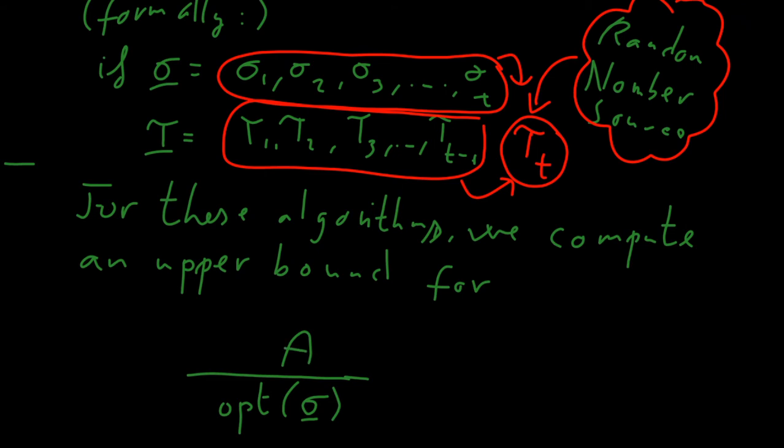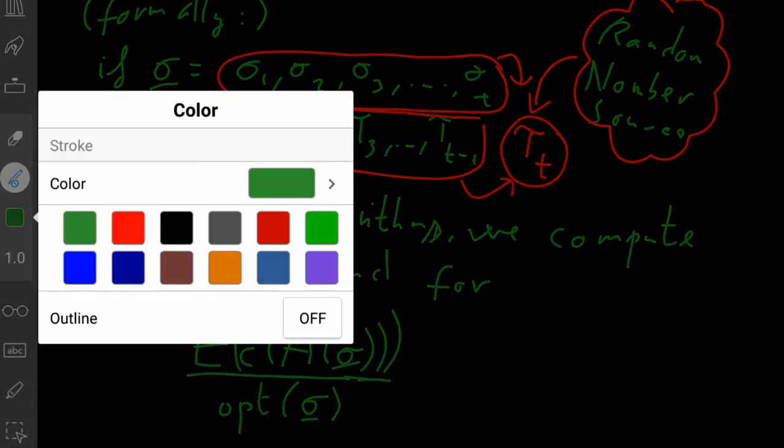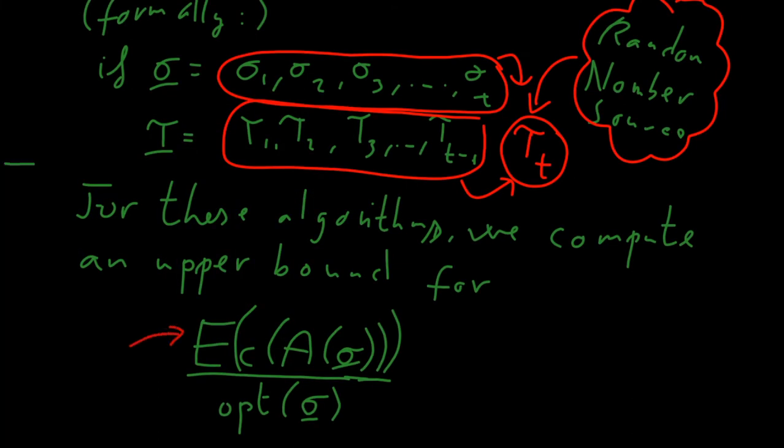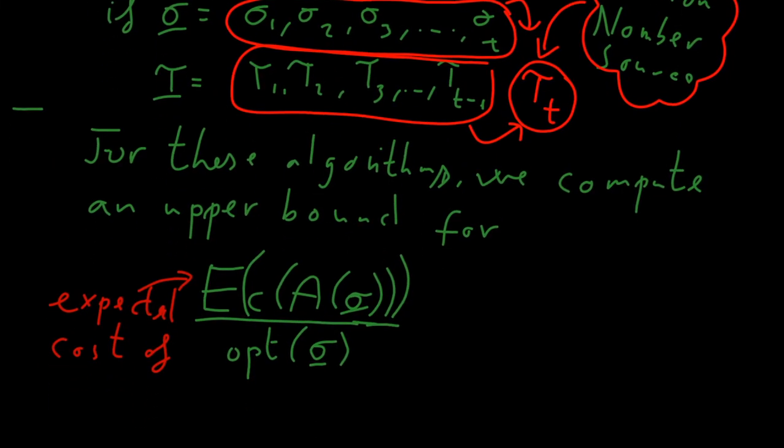And of course, I'm just running the algorithm on sigma and checking the cost of the result. But since it can be possibly smaller, possibly larger, this is just some sort of random variable, so I can compute the expected value of this random stuff. So it's just the expected cost the algorithm pays, the expected cost of A on sigma.